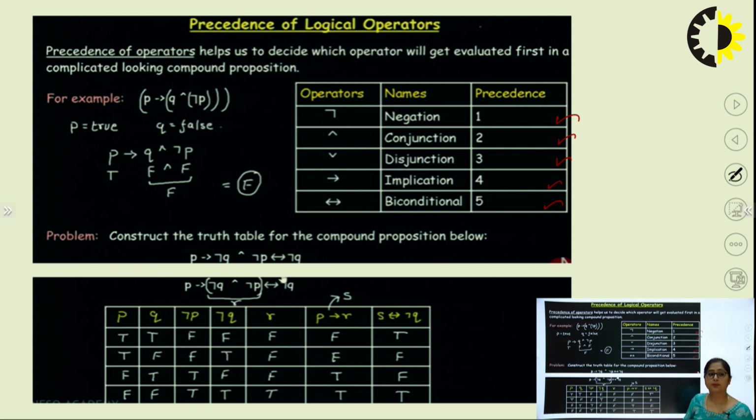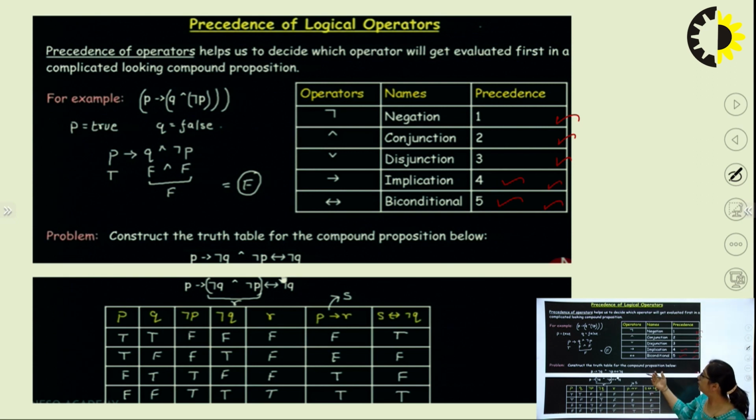So what is the precedence for solving any statement? The first precedence goes to negation. If negation is there in any statement, we have to solve it first. The second is conjunction, the AND operator. The third is disjunction, the OR operator. The fourth is the implication operation, and the fifth precedence goes to the biconditional operation.